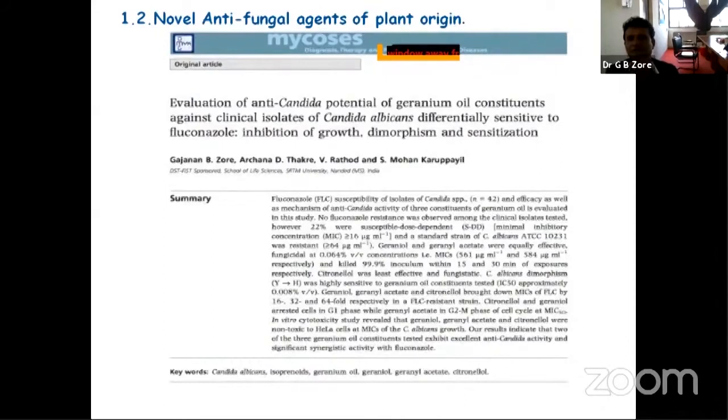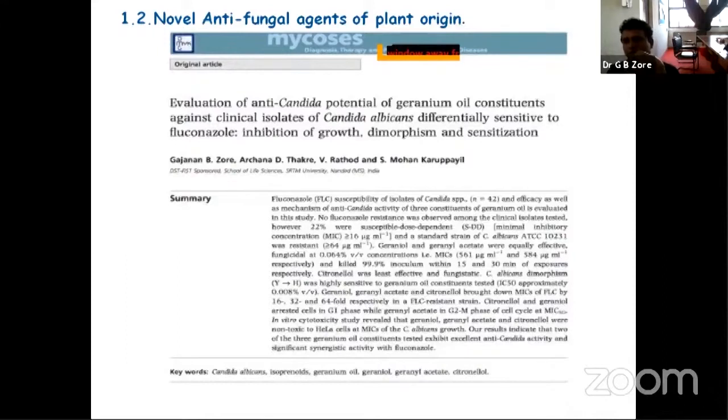As these essential oils are nothing but mixtures of different terpenes and terpenoids, or we can say isoprenoids, we decided to identify the major bioactive principle of that essential oil, and that's why we tested these different components of essential oils individually.